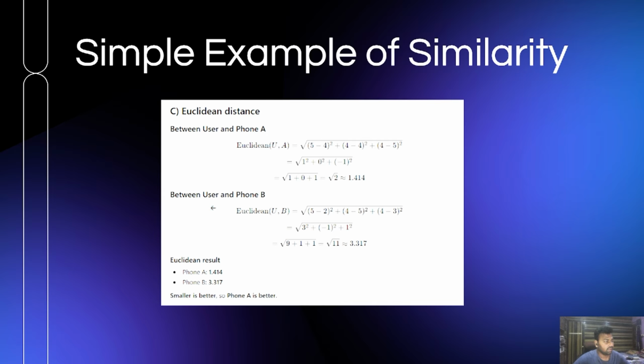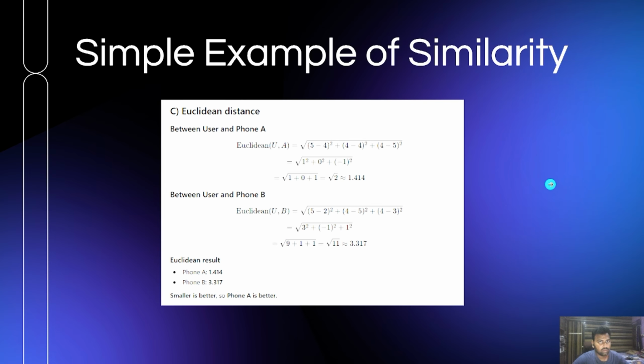And between user and phone B, the Euclidean distance would be (5 minus 2) whole square plus (4 minus 5) whole square plus (4 minus 3) whole square, 3 square plus minus 1 whole square plus 1 square, that is 9 plus 1 plus 1, root over 11, that is 3.317. Also, we have already said that the lower the distance value, the more similar it is. So phone A is 1.41 and phone B is 3.317. That is, phone A is the better choice.